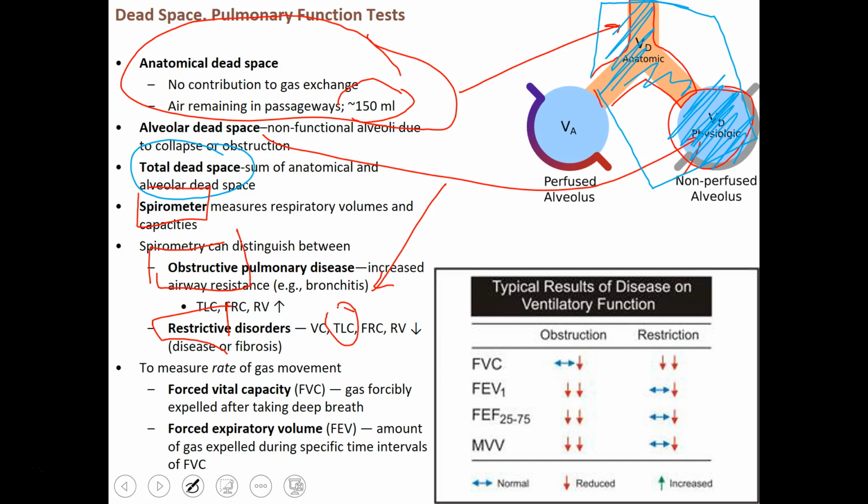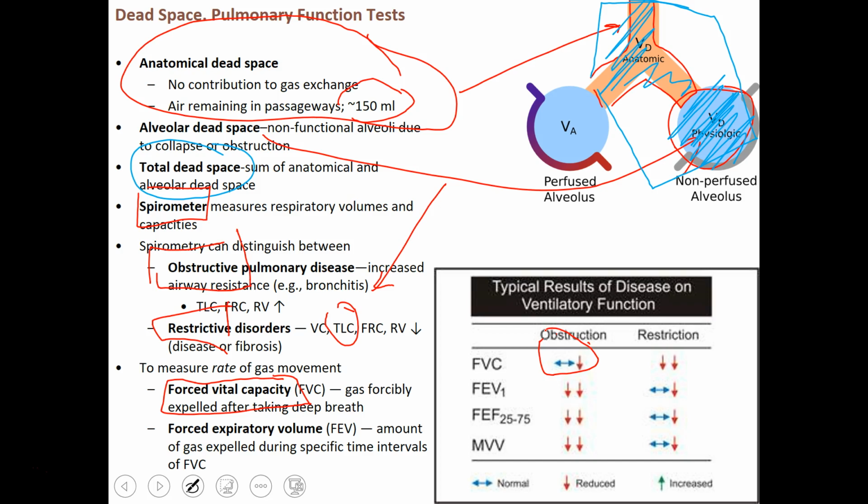So how can we figure it out? Think about this. We can measure how fast the person can expire air, and what is the forced vital capacity, how much air the person can expire at max effort. So in obstructive condition, the total amount of air that is in the lungs doesn't really change, so forced vital capacity remains basically normal.